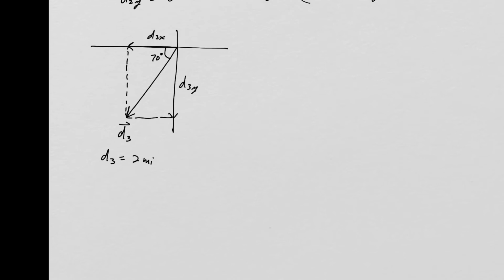In fact, I could extract out this right triangle that contains the reference angle, and I could figure out these values just by using right triangle trigonometry. So if I extract this out, then this is going to be 70 degrees. The hypotenuse is the magnitude. That's 2 miles. And I'm looking for d3x, d3y.